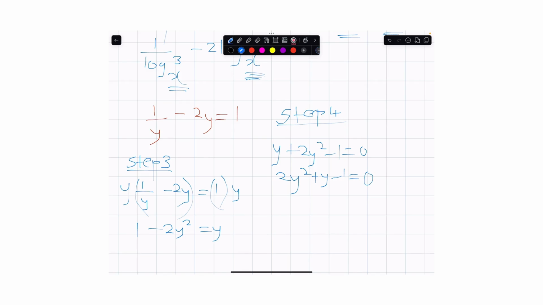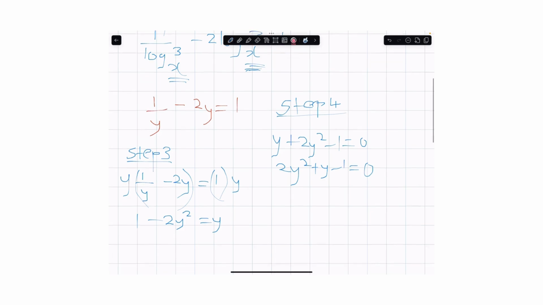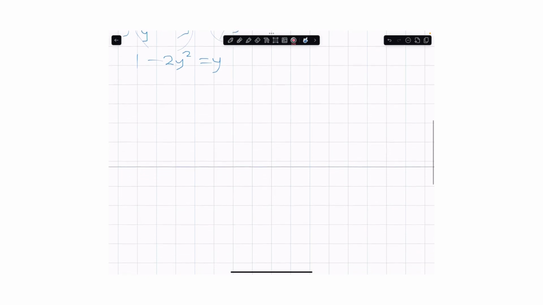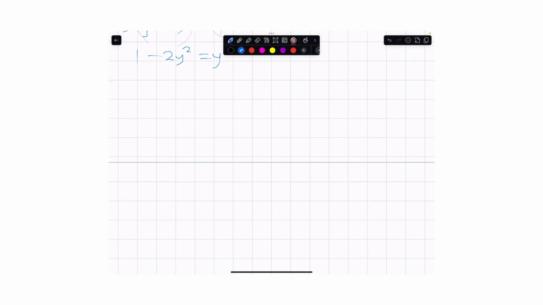So that's your step number 4. Moving on now to the next step, which is step number 5. On step number 5, you now want to solve your equation.